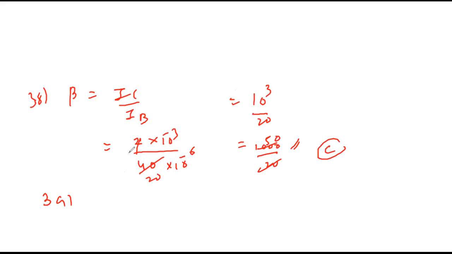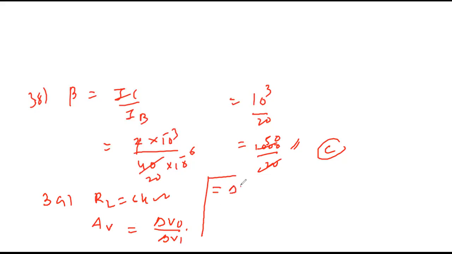The 39th one. In the same question, if load resistance RL is 6 kilo ohm, then what is the voltage gain of the amplifier? Do you remember the voltage gain formula from before? Anybody remembers? It is output voltage upon input voltage. Output voltage is delta IC RL and input is IB into RI.